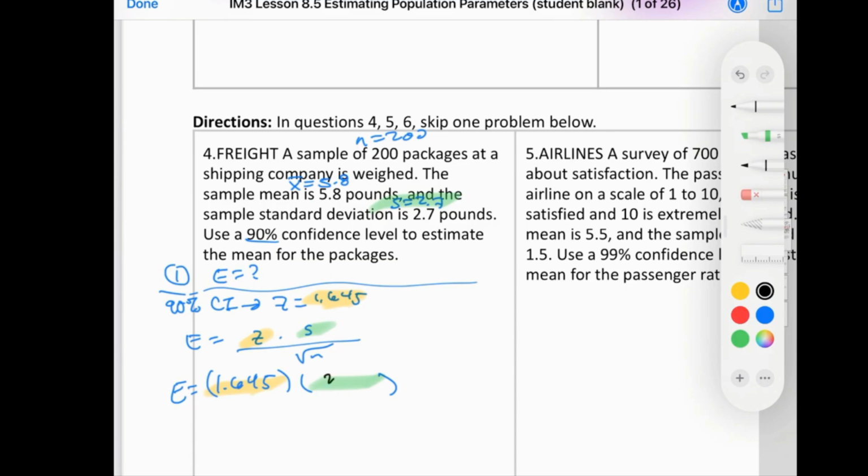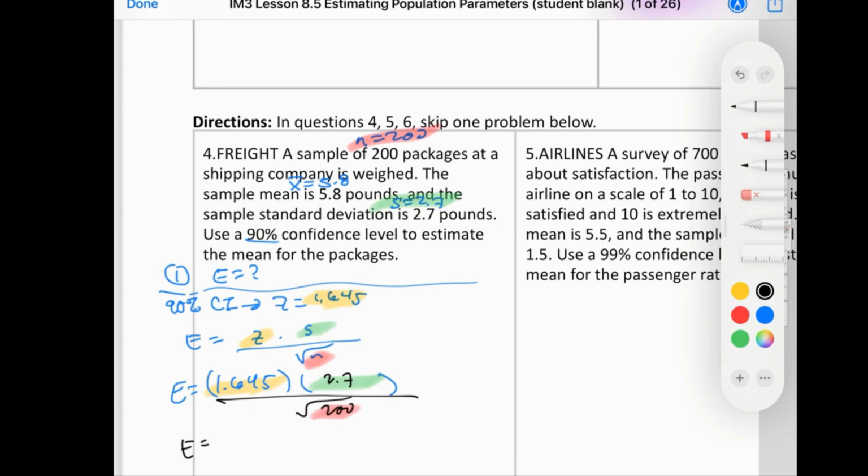Helps you kind of visualize and see what's happening. 2.7 all over the square root of, we need an N value, which is 200. And this will give us an E value.